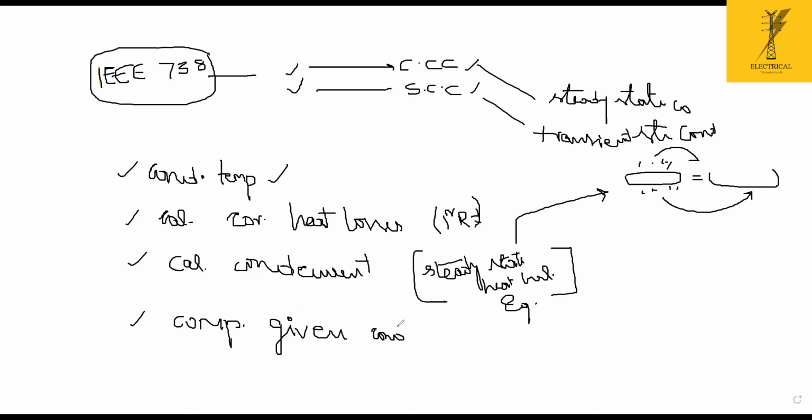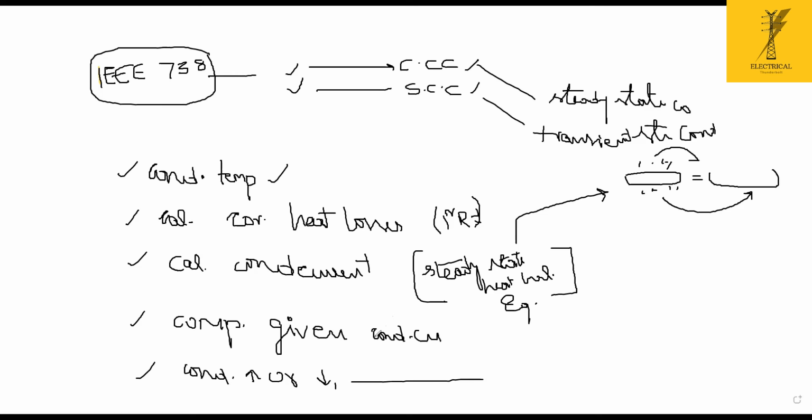Now I will increase or decrease my conductor temperature until the calculated current equals the given conductor current. So this is the work I will do to calculate the conductor current. It's kind of a derating effect.